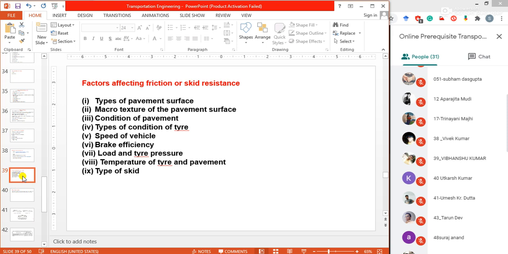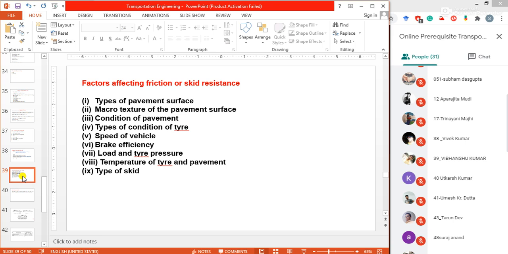Pavement unevenness is one of the factors we should mention. Actually, higher operating speeds are possible on even pavement surface with less undulation than on uneven and poor surfaces. Higher operating speeds are only possible when your pavement is completely smooth, with fewer undulations.